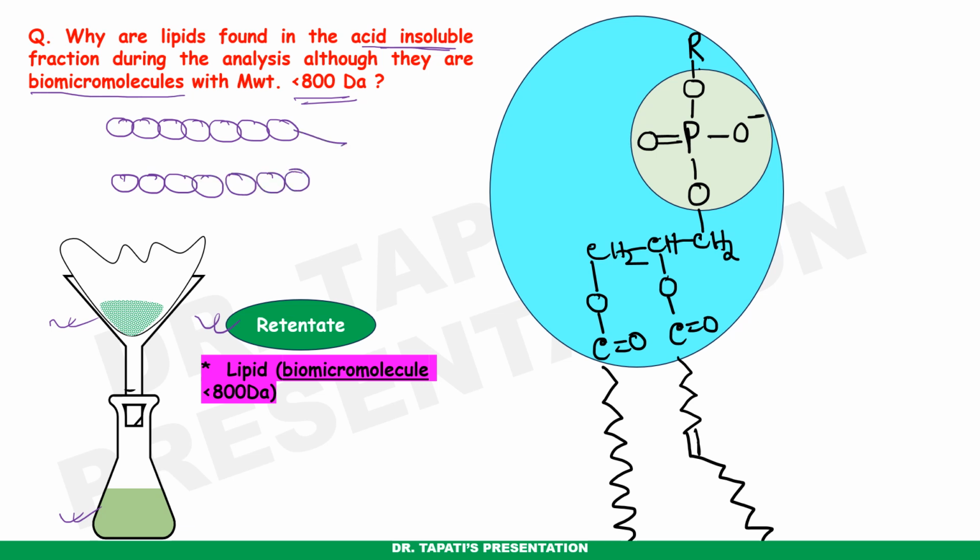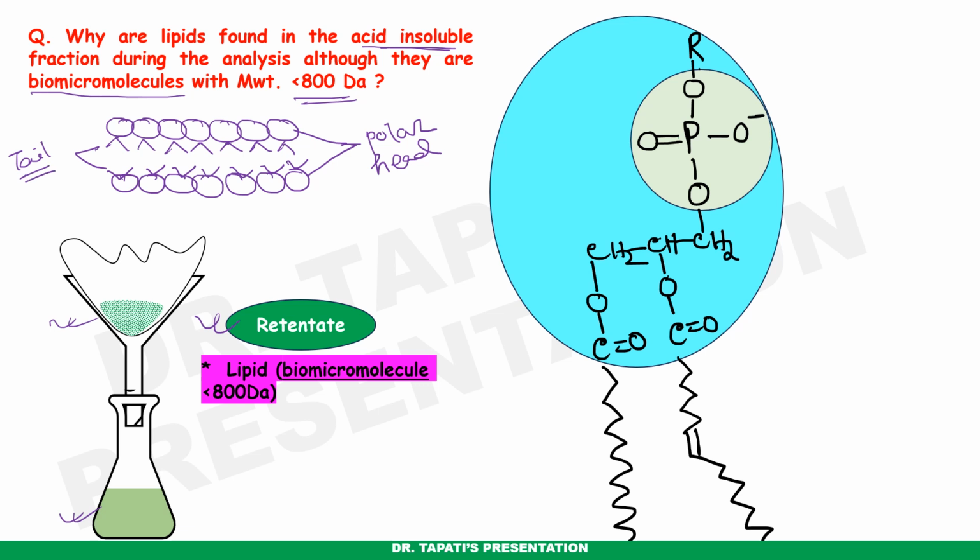One is known as the polar head, which is hydrophilic in nature, whereas a hydrophobic region is also present, which is known as the hydrophobic tails. And tails are nothing but fatty acid composition. Fatty acid is not soluble in water, therefore tails are hydrophobic in nature.